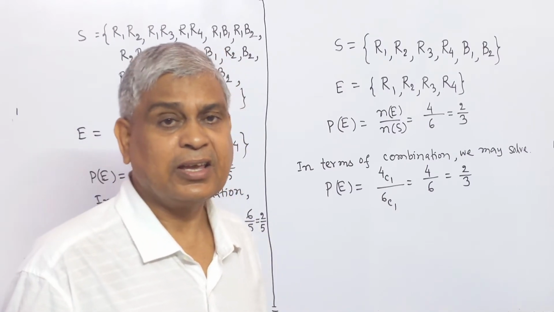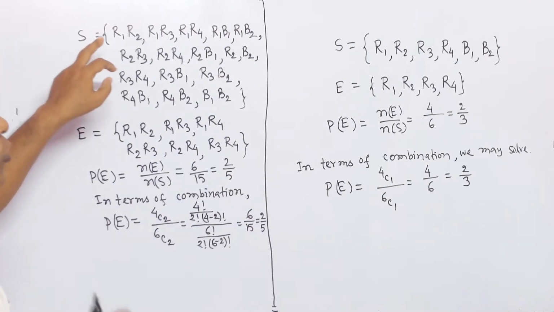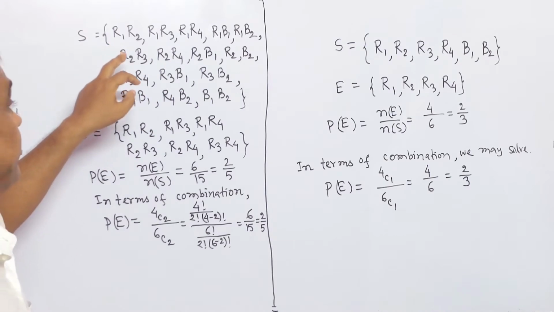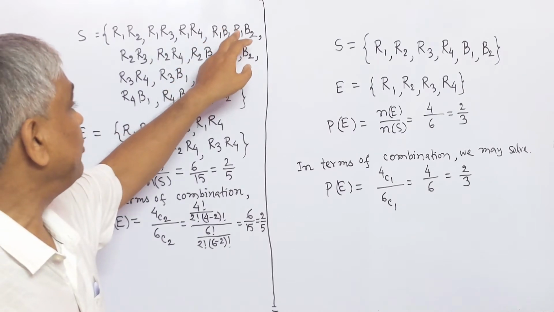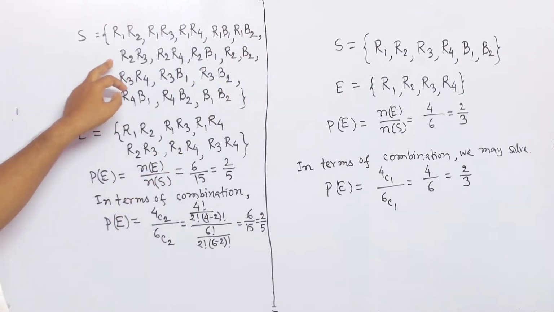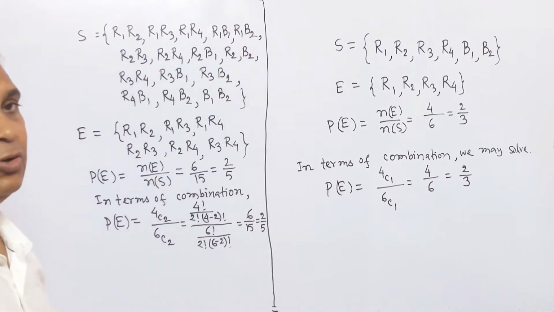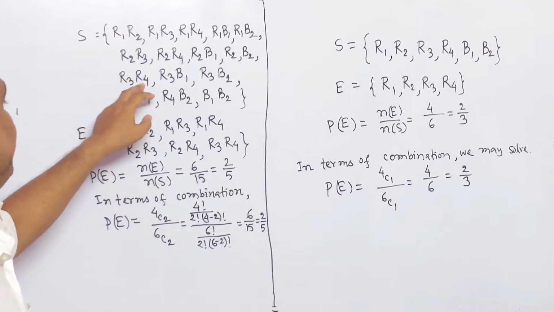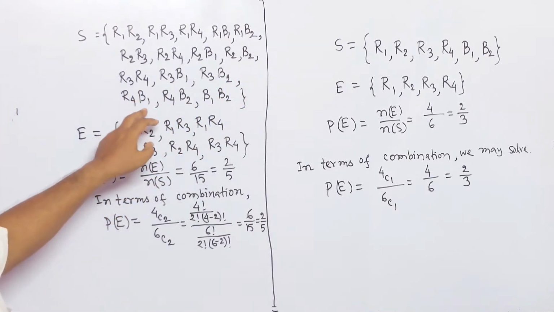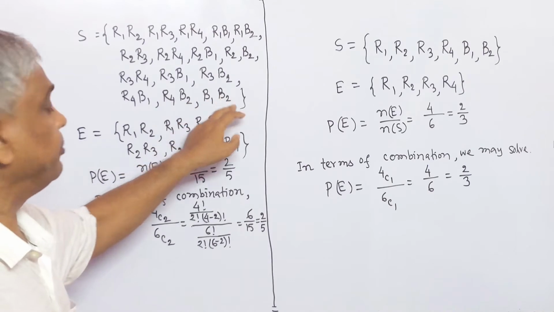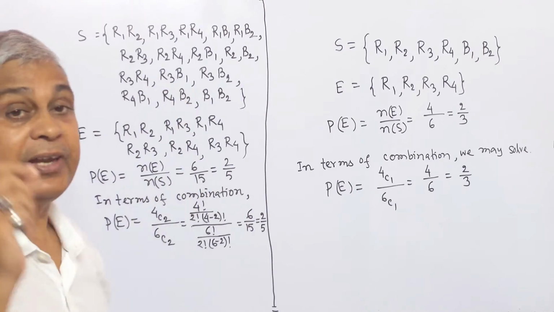In this case, we make the sample space S. The 2 balls may be R1R2, R1R3, R1R4, R1B1, R1B2, or R2R3, R2R4, R2B1, R2B2, or R3R4, R3B1, R3B2, or R4B1, R4B2, B1B2. The number of elements in the sample space will be 15.